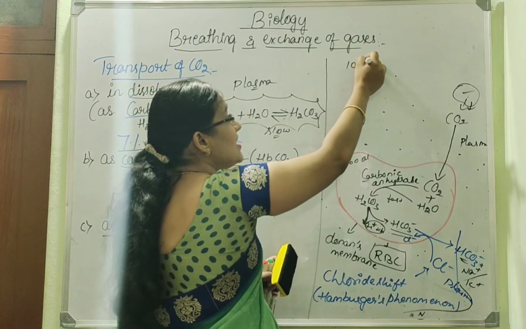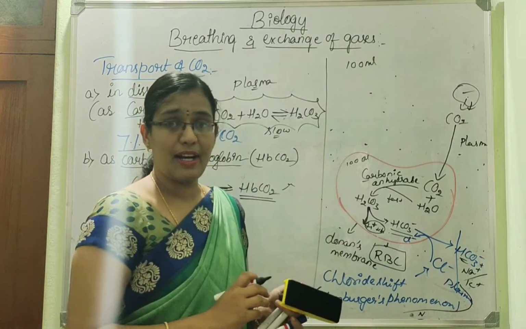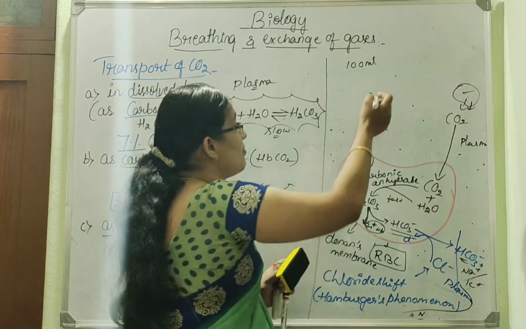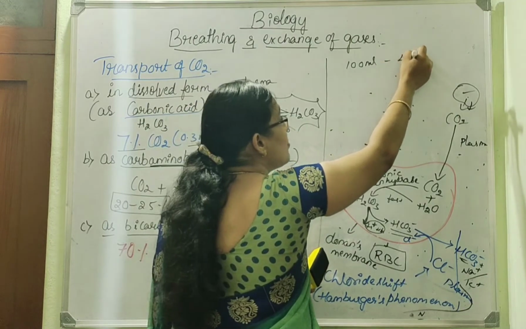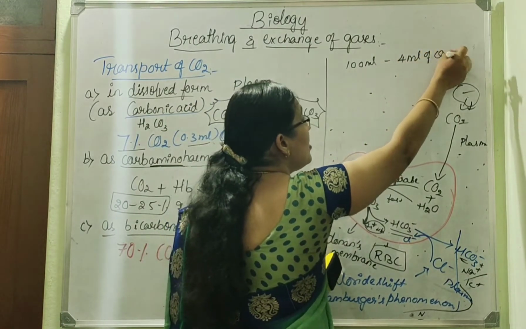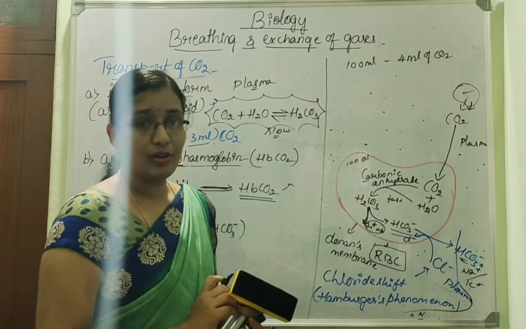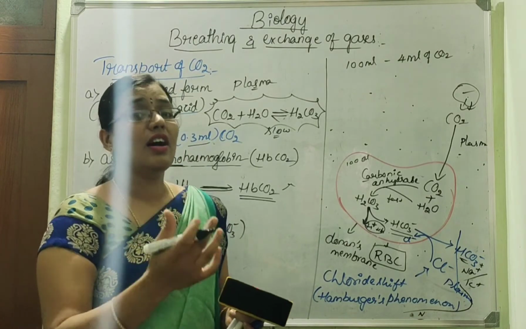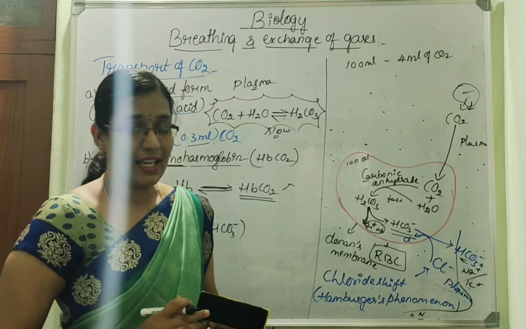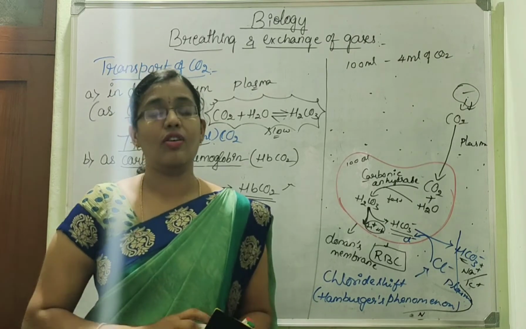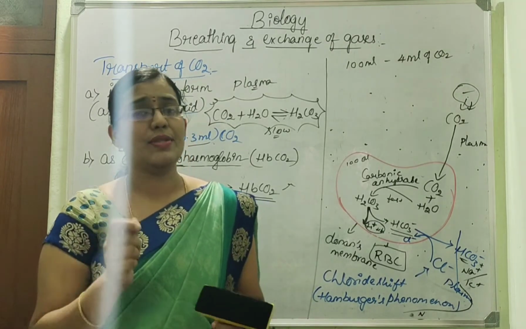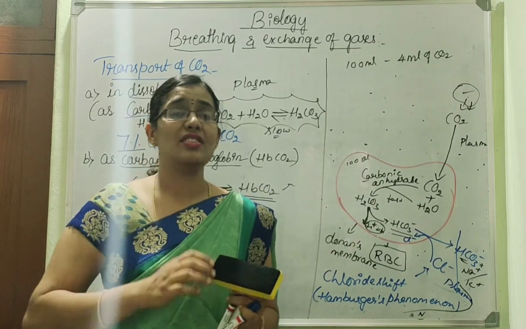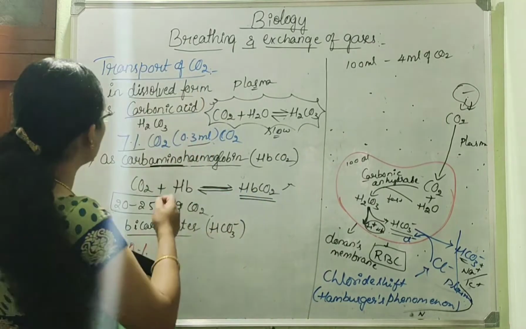About 1 deciliter of deoxygenated blood, that means 100 ml of deoxygenated blood, can carry up to 4 ml of carbon dioxide to the alveoli for purification. Gaseous exchange will be taking place. So this is how the carbon dioxide is transported from the site of release towards the alveoli for gaseous exchange. Once again I will go through it.